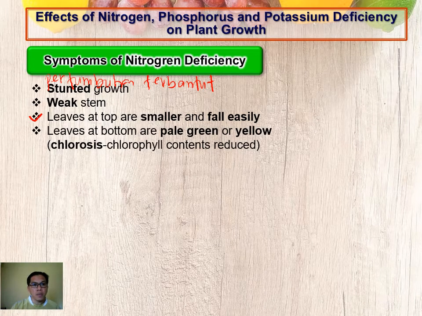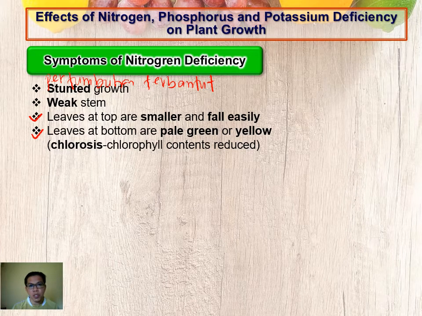Why? Leaf at bottom are pale green. Daun di bahagian bawah pale green, warna hijau pucat, or yellowish color, warna kuning. This is the symptom what we call chlorosis. Inilah satu simptom yang kita panggil sebagai chlorosis, iaitu singkatan kepada chlorophyll content reduce, iaitu kadar kandungan klorofil itu berkurangan.